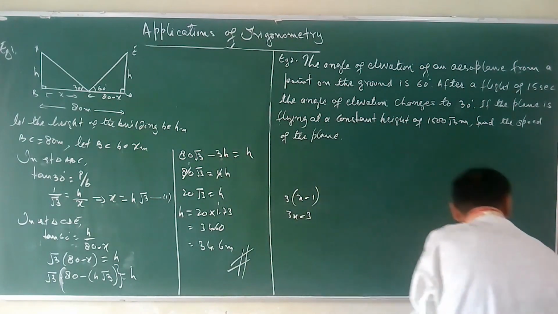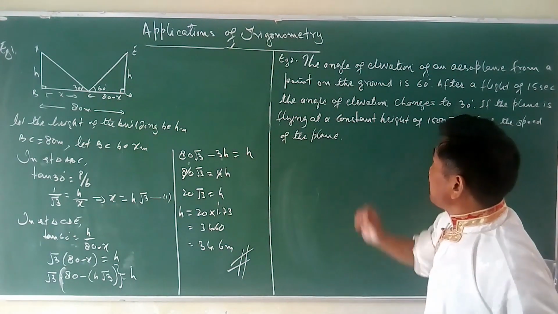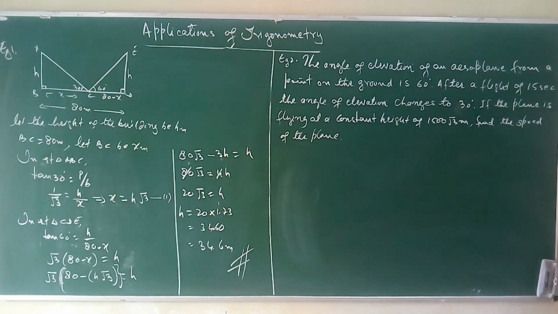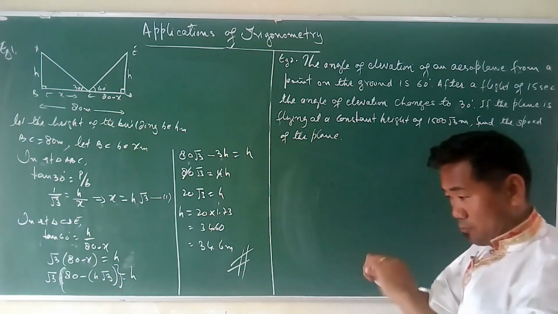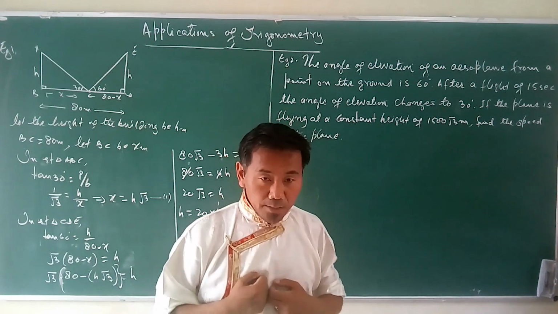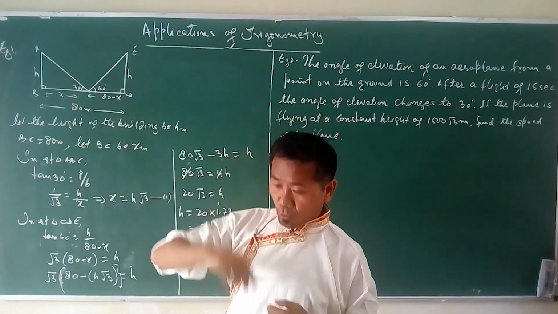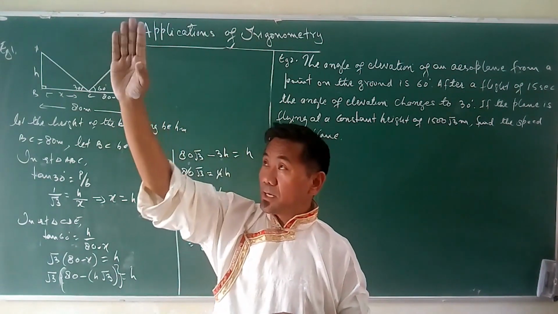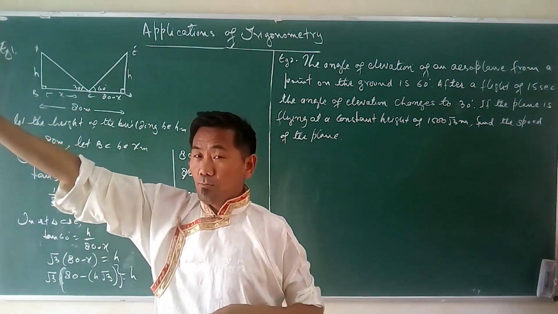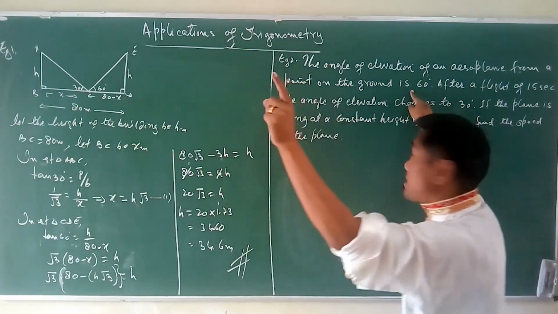Now let's see the second example. The angle of elevation of an aeroplane from a point on the ground is 60 degrees.